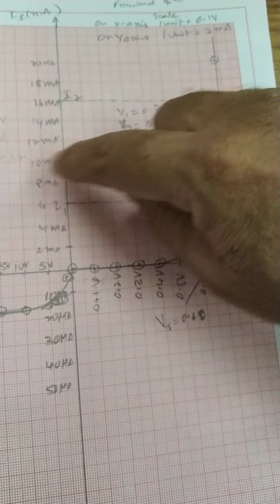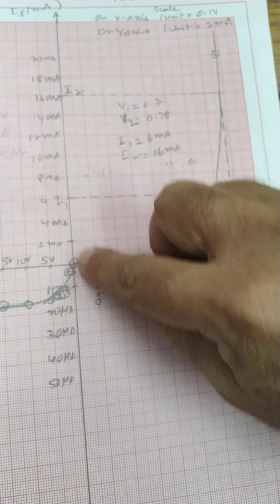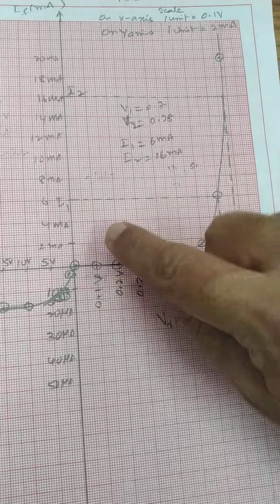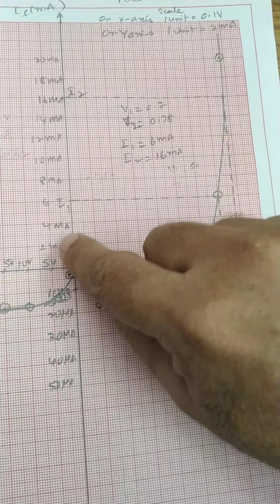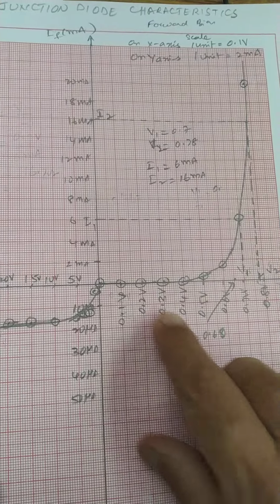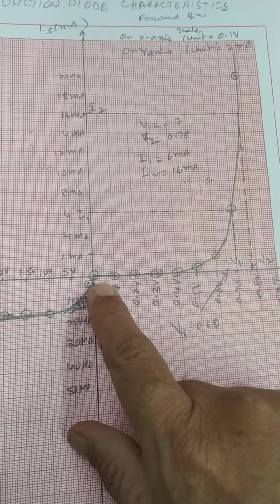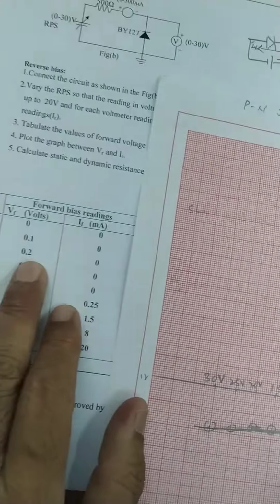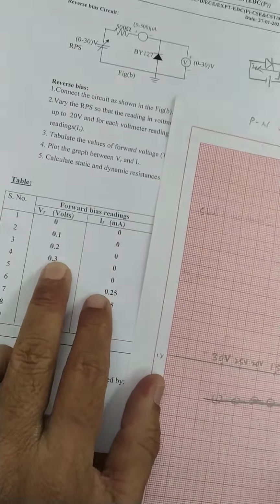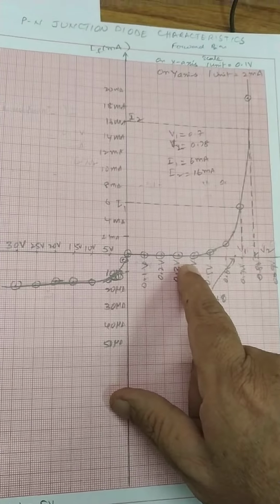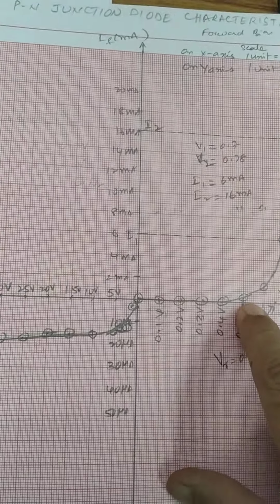On the y-axis, divide the scale so that 1 unit is 2 milliamperes. Write 2 milli, 4 milli, 6 milli, 8 milli, like that. Now locate all the values according to the table column values. Locate the first value 0, 0, 0.1, 0.2, 0.3, 0.4, 0.5, 0.25 milliamps.